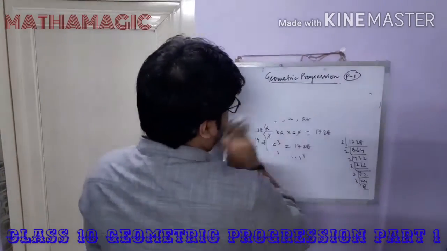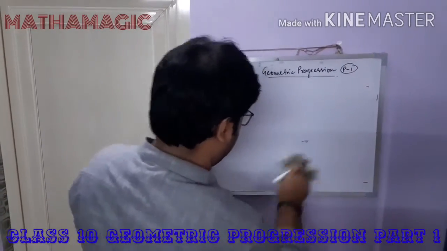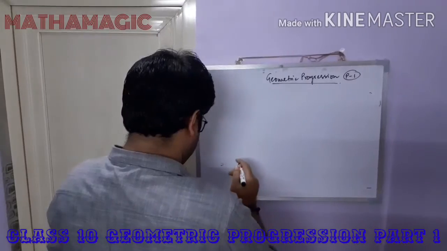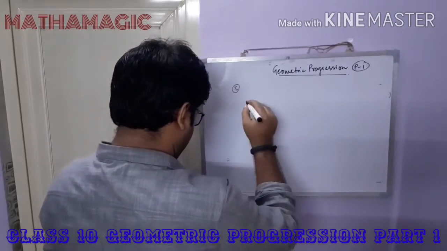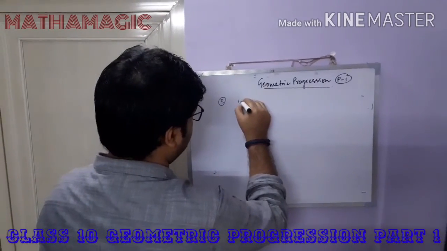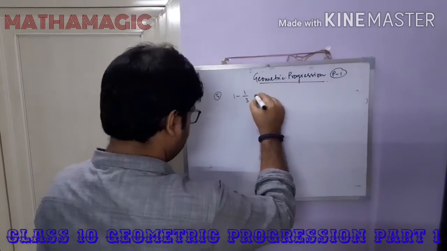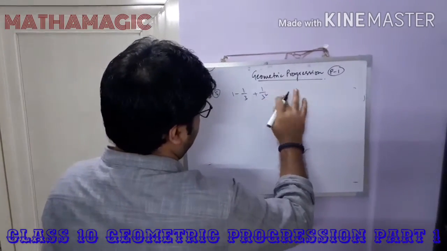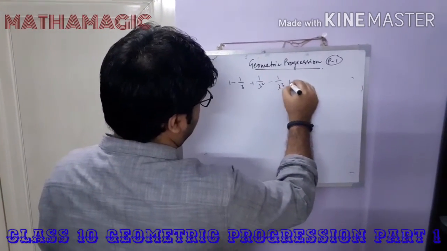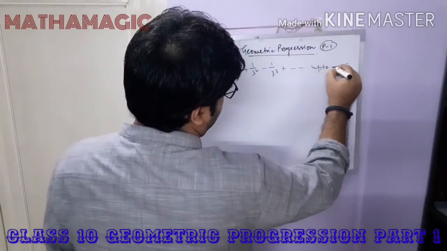So for the next problem, we have to find the sum of the GP series up to n terms, where the GP series is like this: 1 minus 1 by 3 plus 1 by 3 square minus 1 by 3 cube, like this, up to n terms.